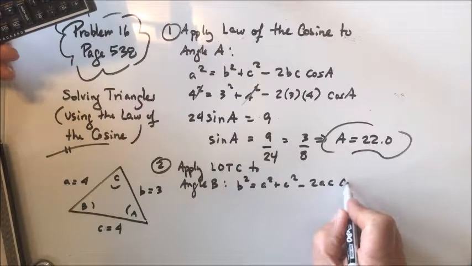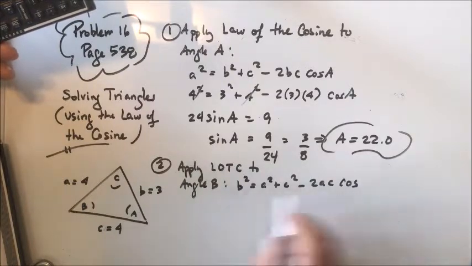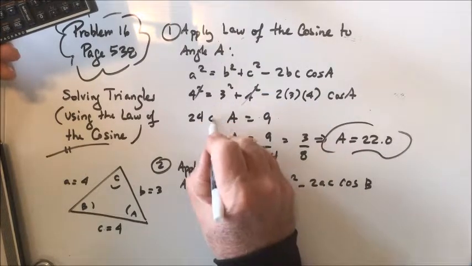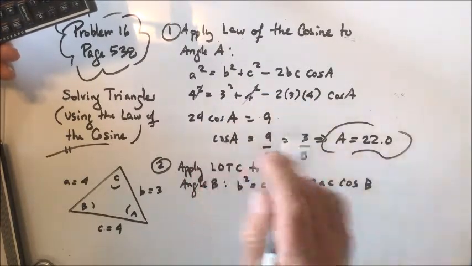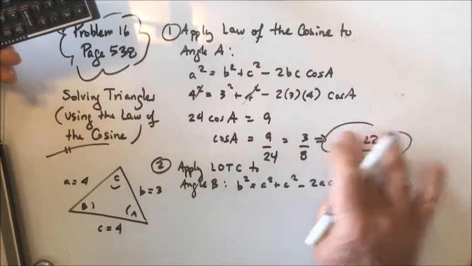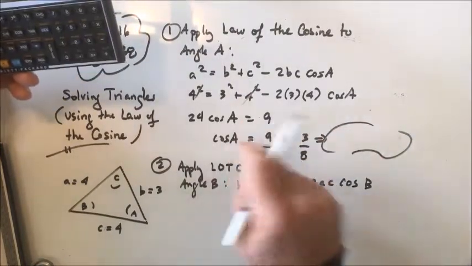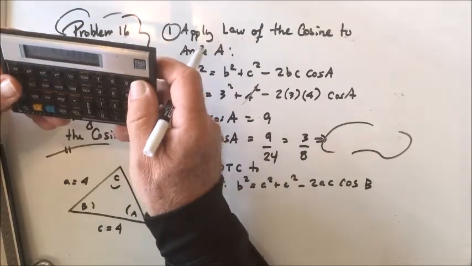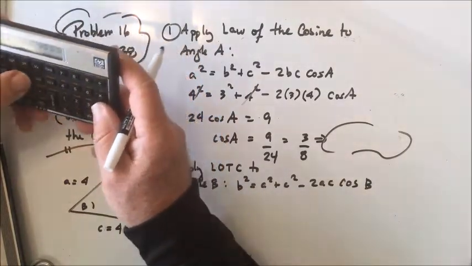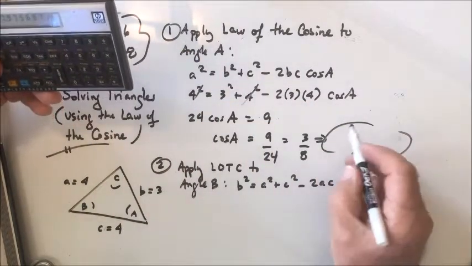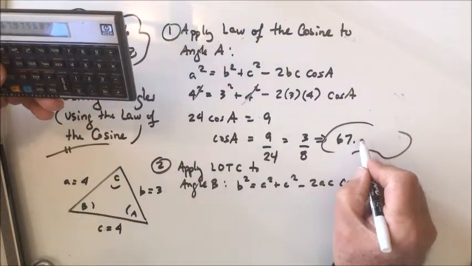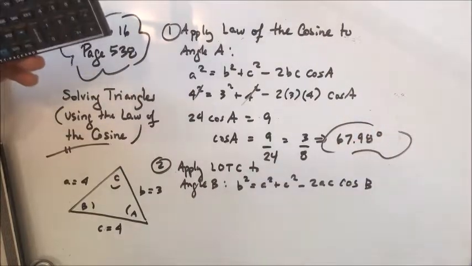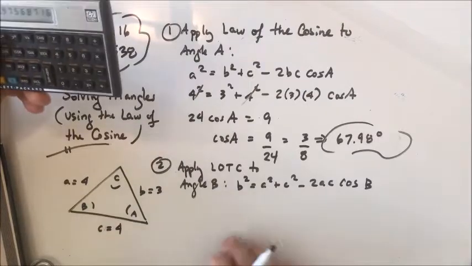There's a reason this is called the law of the cosines. Let me put a B there. Make this a cosine. Don't tell anybody about this, please. Okay, sorry, I got to take the arc cosine over here. So I get 3, divide by 8, take the arc cosine. Yikes. And I get 67.98 degrees. Ugh, it just creeps me out that I did that.